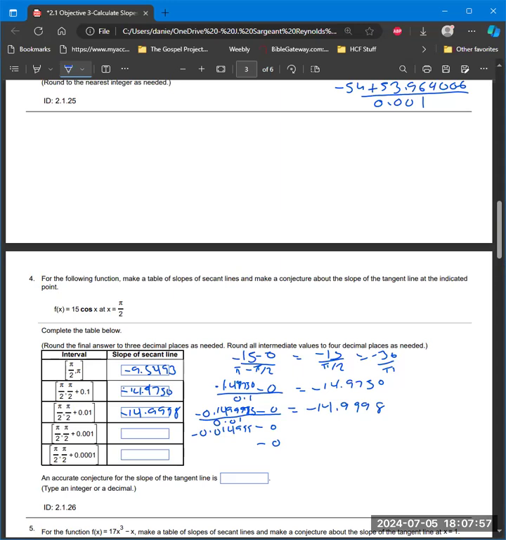There's a whole bunch of 9s here, so this is basically negative 0.015 over 0.001, which is going to be a negative 15.0. And then it's going to be the same thing here. It's just going to get closer and closer.